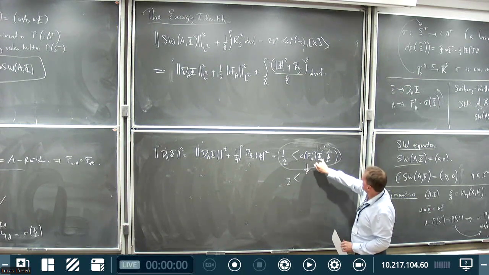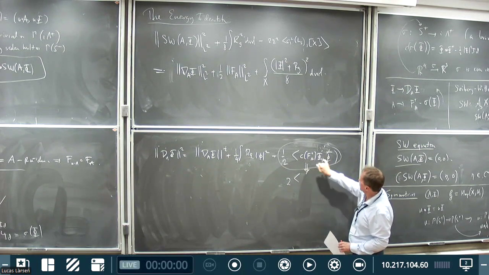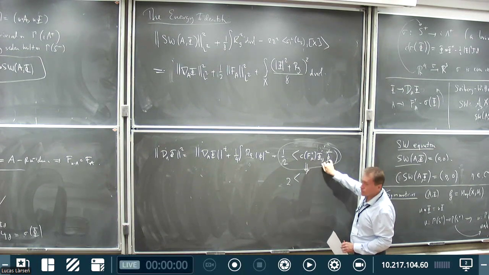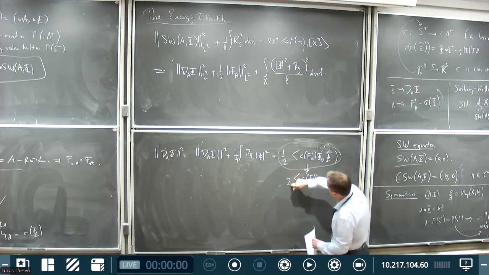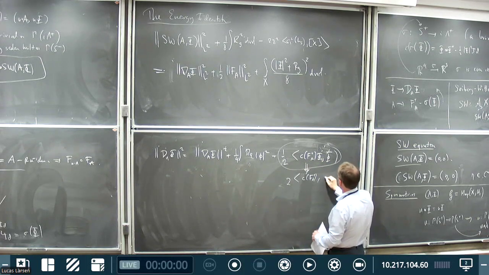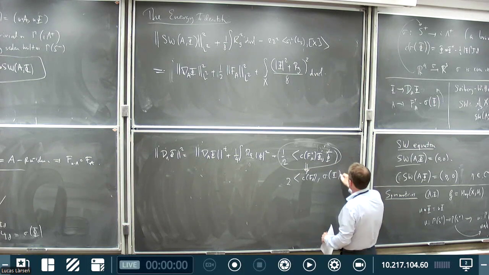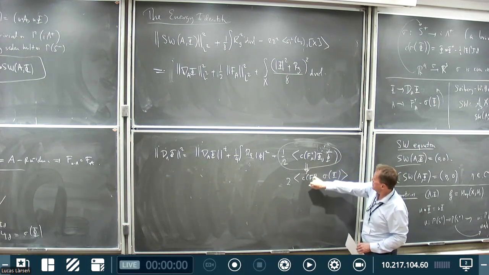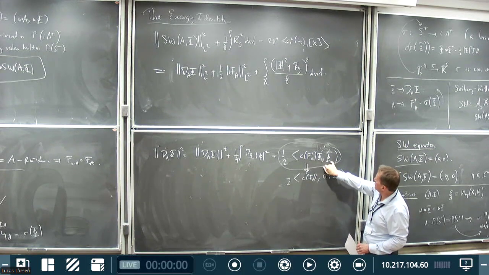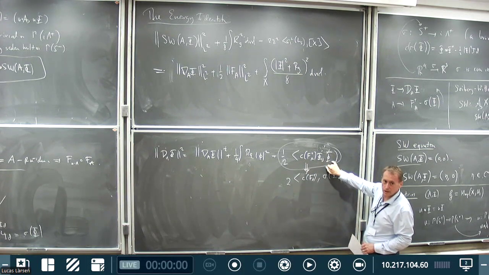But I can think of throwing this to the other side, thinking of this as an inner product in endomorphisms, and then there's a factor of 4 between those, and then this thing becomes sigma phi. When I throw it over to the other side, I get phi tensor phi star, but this is traceless, so I get the traceless part for free.